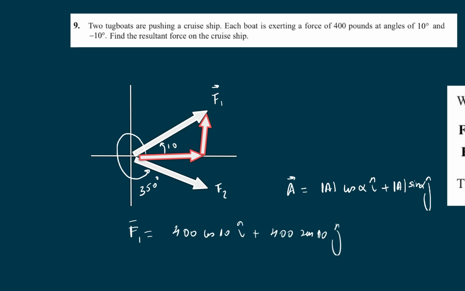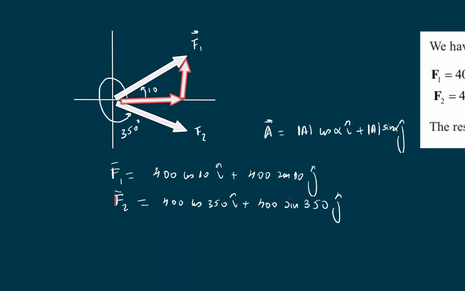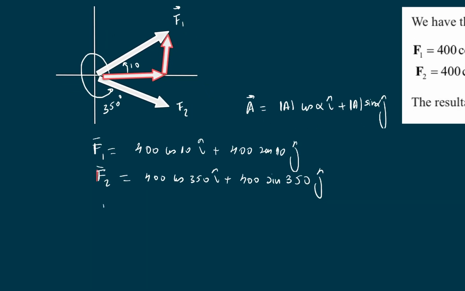Who is F2? Well, F2 is the same thing. It is 400 cosine of 350 i plus 400 sine of 350 j, since 10 degrees less than 360 is 350.